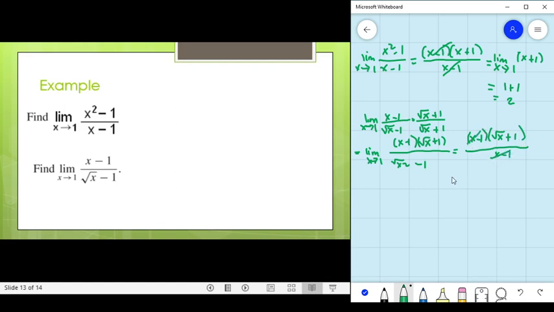Okay. So, what is left is the limit of the square root of x plus 1 as x approaches 1. So, therefore, the answer would be square root of 1 plus 1 is equal to 1 plus 1 equals 2.